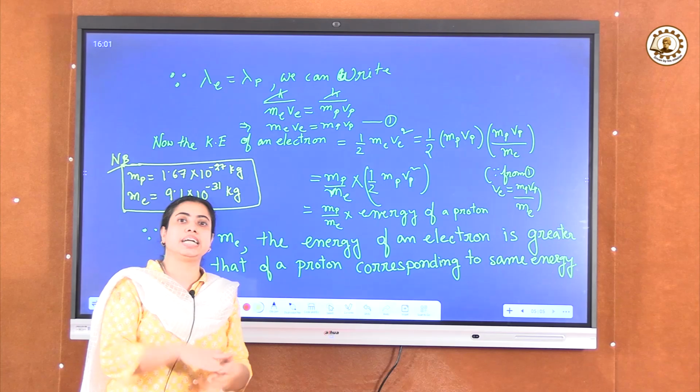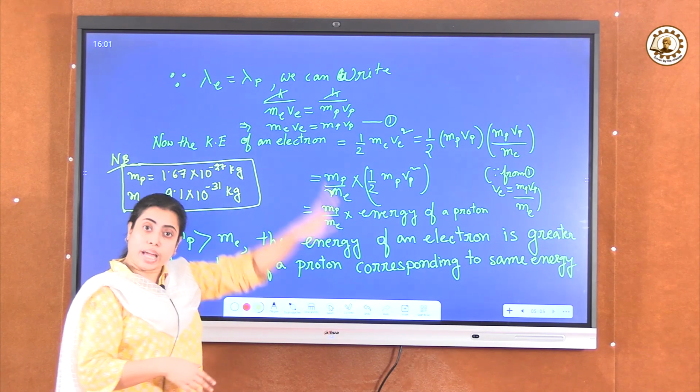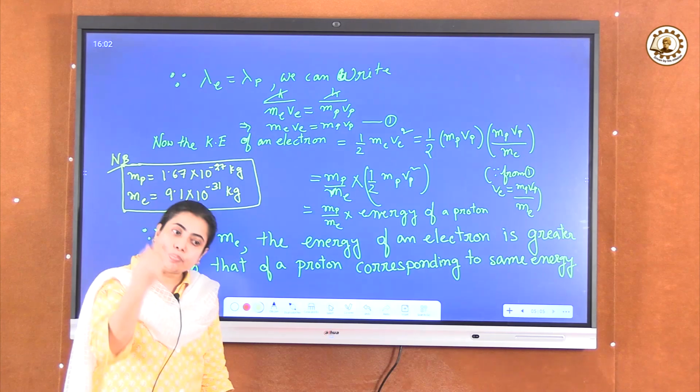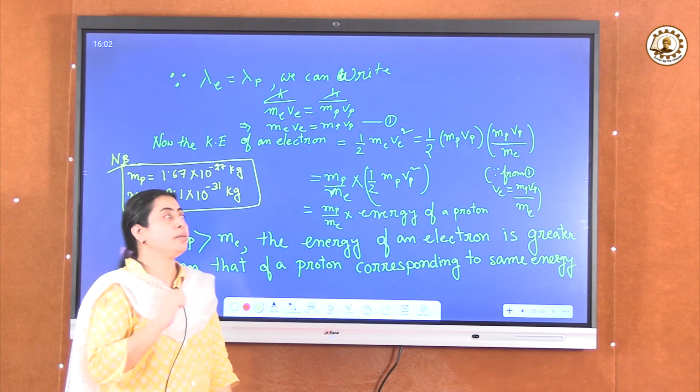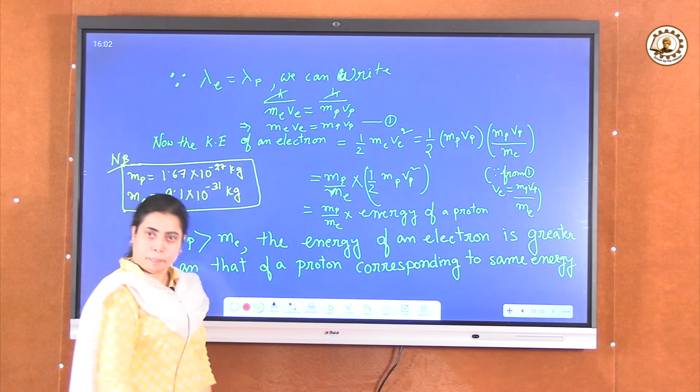So we will use the condition given in the question. They gave us the condition that the electron's de Broglie wavelength is equal to the proton's de Broglie wavelength, means lambda e equals lambda p.